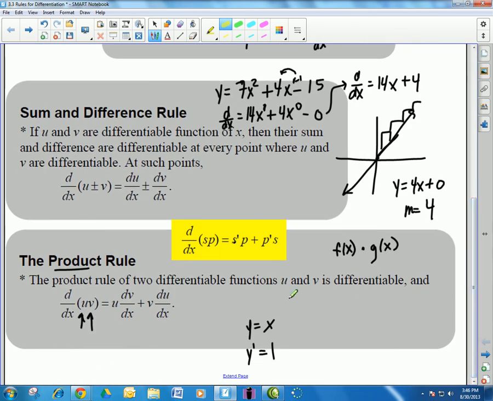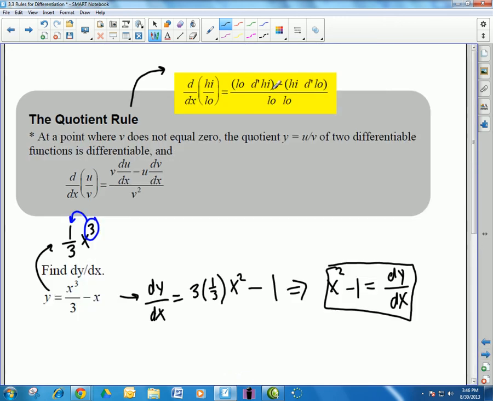And then the other one is the product rule, the sip and piss rule, which works for some people, it doesn't help them remember it. But just remember it's the derivative of the first times the second plus the derivative of the second times the first. It's really simple. And it doesn't matter what order because you're adding and addition is commutative. However, for the quotient rule, it does matter because you're subtracting.